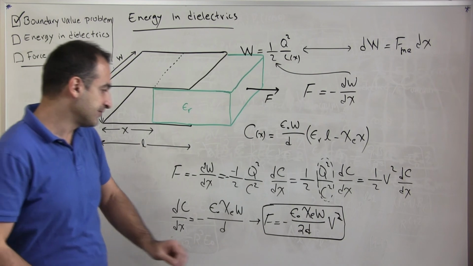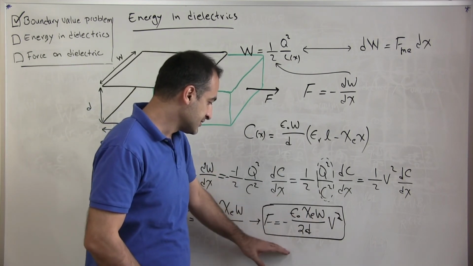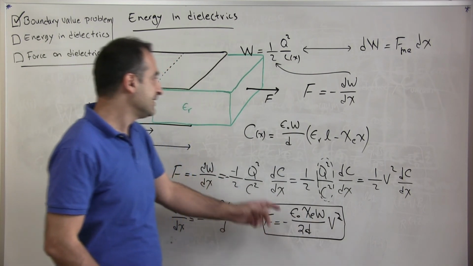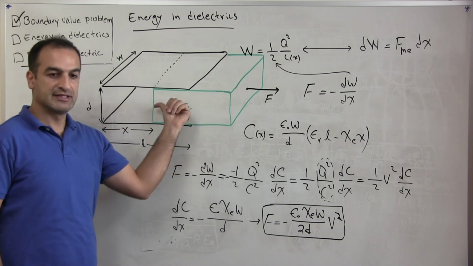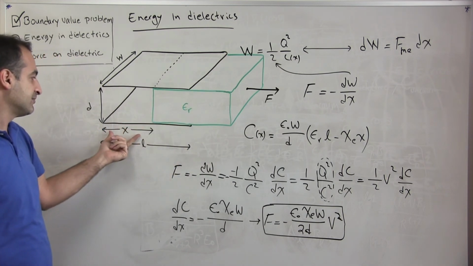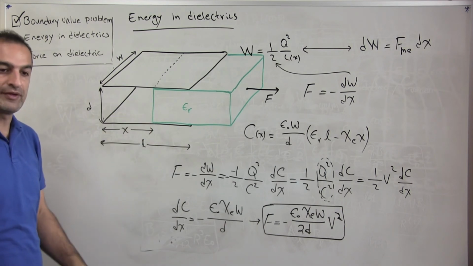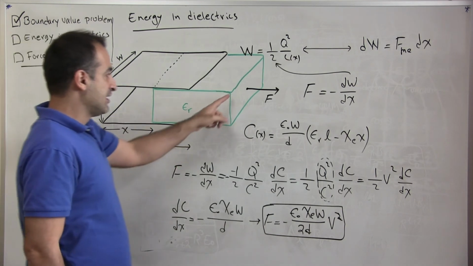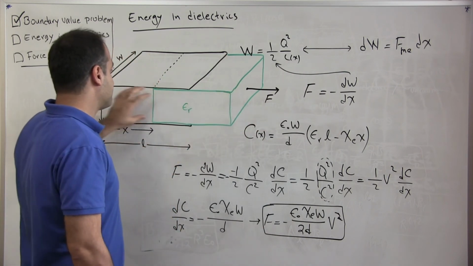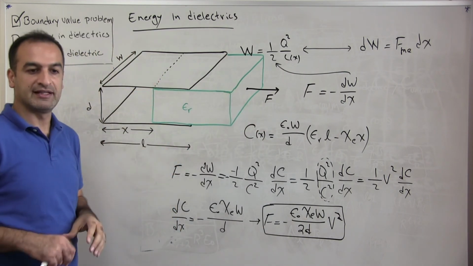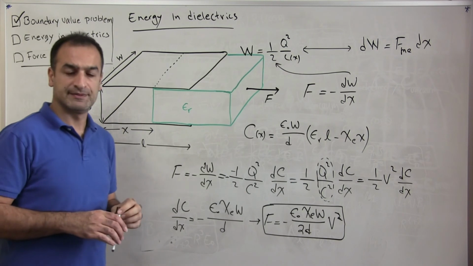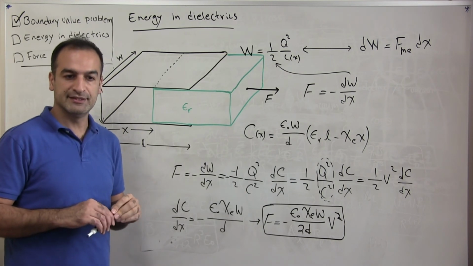And from that, I measured the force. Force is negative, meaning that there's a force in the negative x direction, trying to make x small. So I pull it this way, but the slab prefers to stay inside, and that's the way the energy can be minimized. Sounds good?